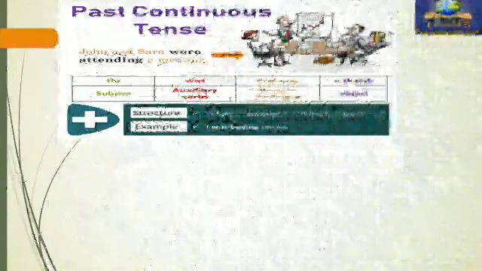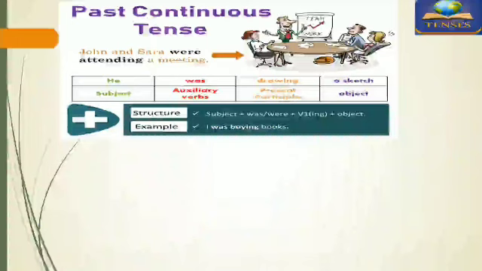Second one, past continuous tense. The structure of the past continuous tense is subject plus was or were plus V1 plus ing plus object. See the picture. John and Sarah were attending a meeting. Here, John and Sarah are the subject, were is the auxiliary verb, attending is the main verb, meeting is the object.